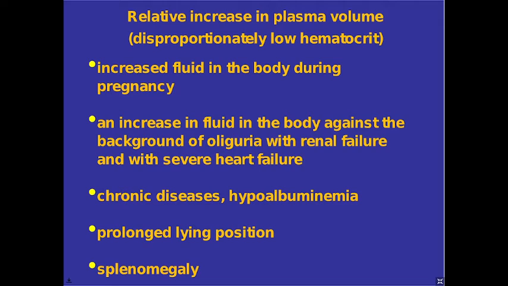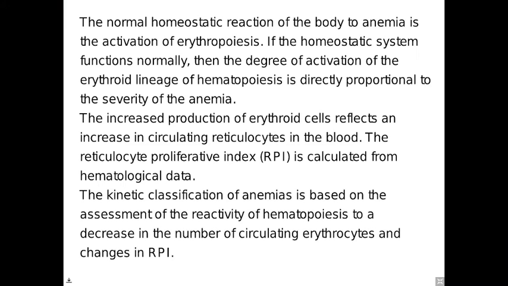In the case of chronic diseases, like, for example, cirrhosis, liver insufficiency, decreased synthesis of albumins will also lead to increased fluid accumulation. Prolonged lying position, splenomegaly, these conditions can be associated with low hematocrit. So some other conditions must also be assessed and first excluded before we start treatment of the anemia.